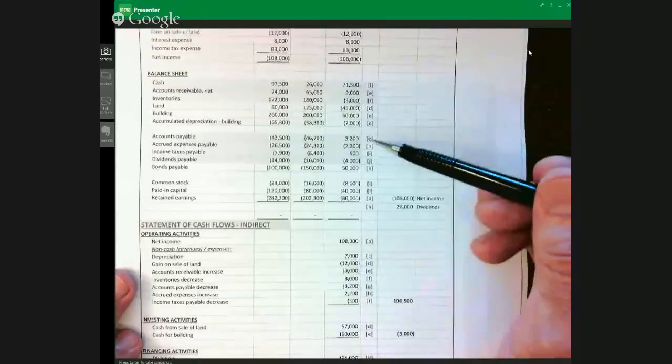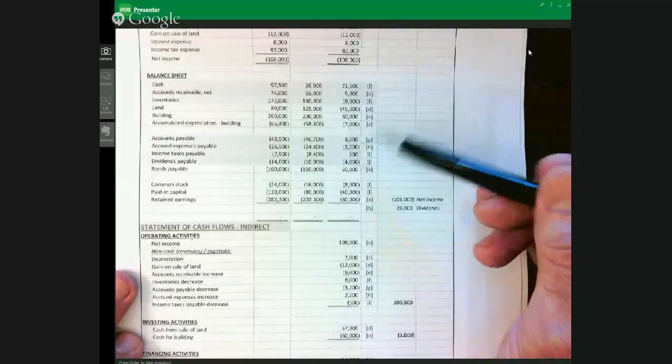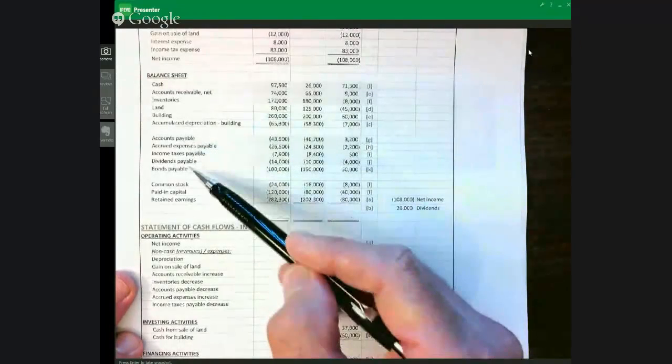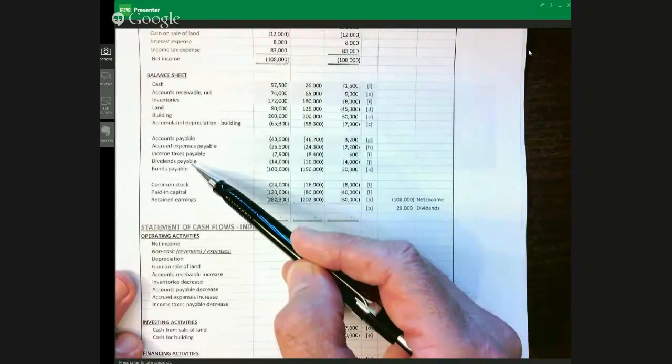Okay, let's move on to the credit side of the balance sheet. Accounts payable through dividends payable will be the current liabilities. Any current liability, with the exception of dividends payable, is an operating activity.